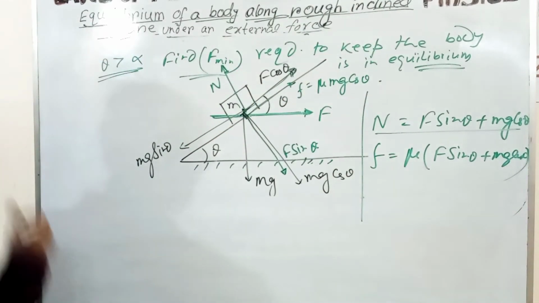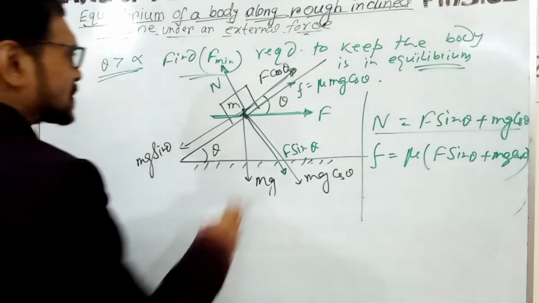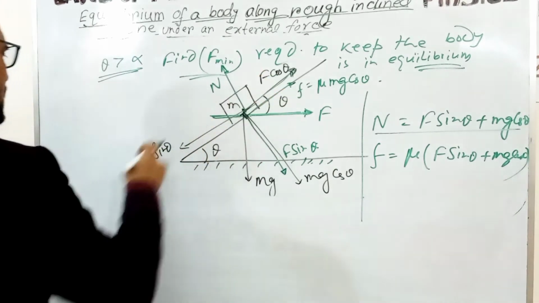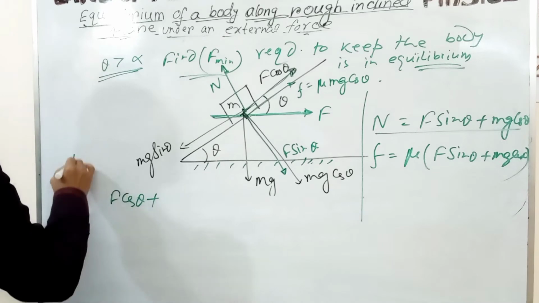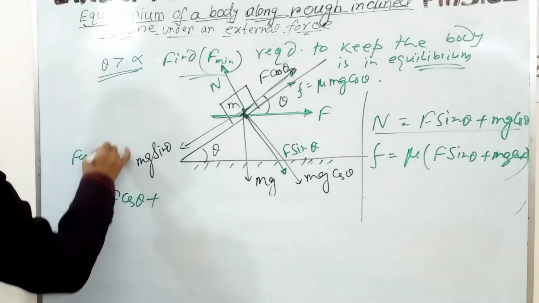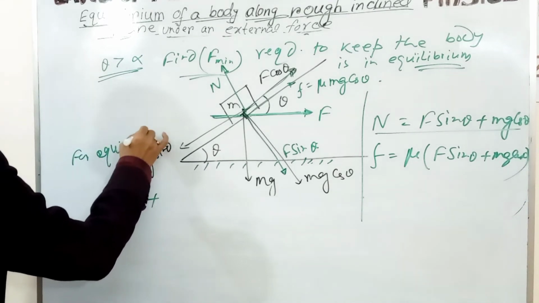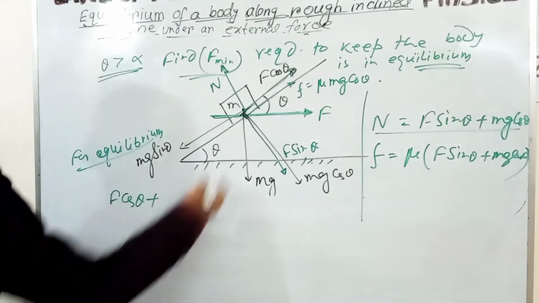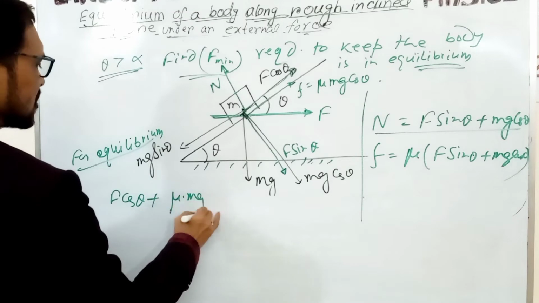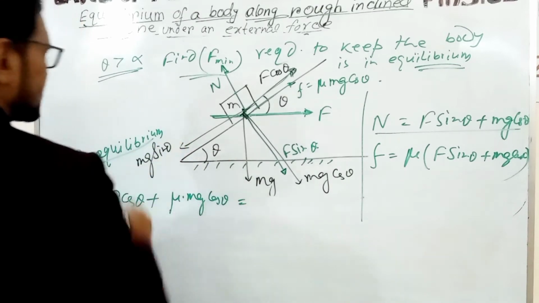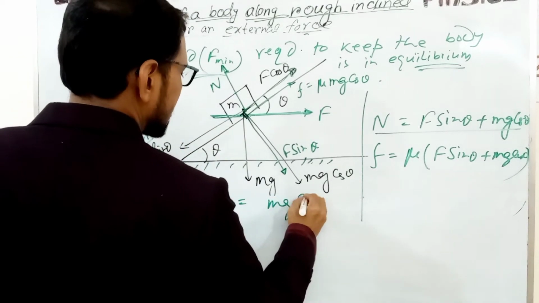Now this plus this balances the weight. So for equilibrium, F cos theta plus this friction force balances the weight mg sin theta.